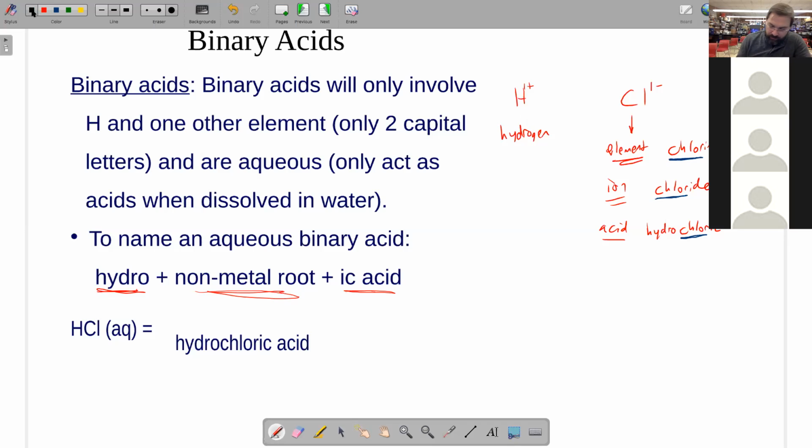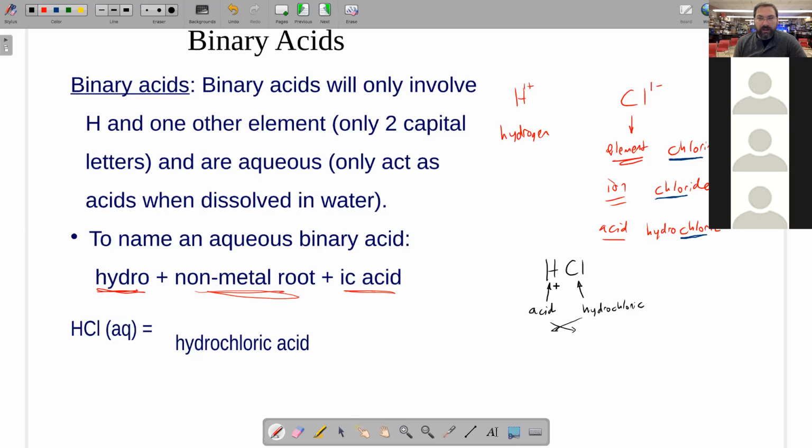So how it all goes together is when you see HCl, because it begins with hydrogen, we know we have an acid, but the word acid goes at the end. The Cl is hydrochloric, but as the name of the compound, you kind of like swap the names and it becomes hydrochloric acid.